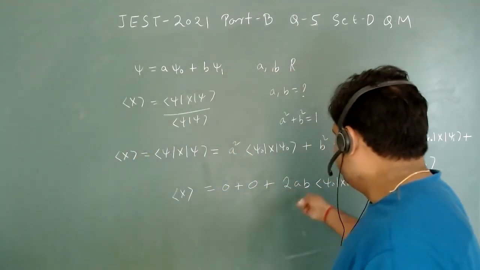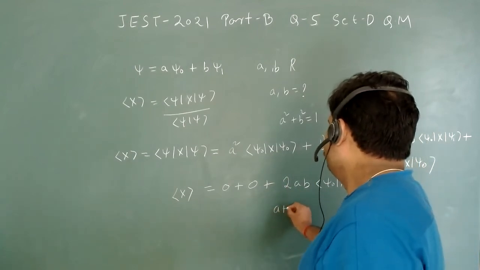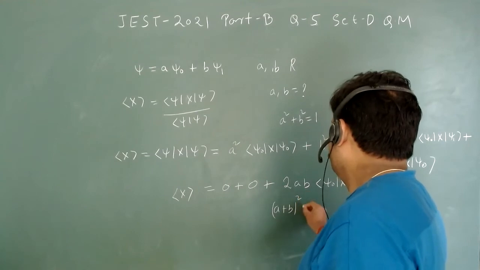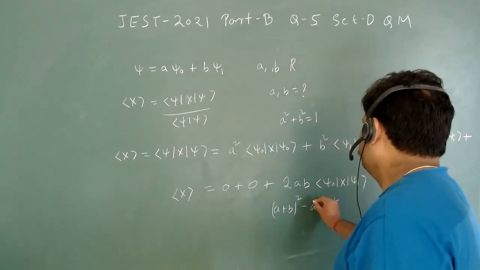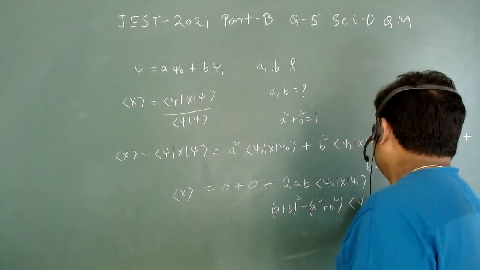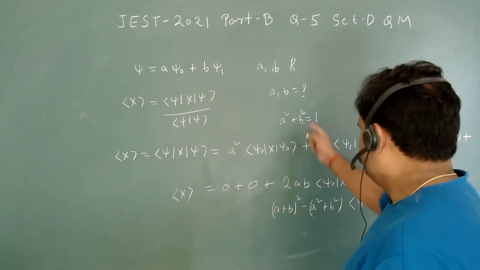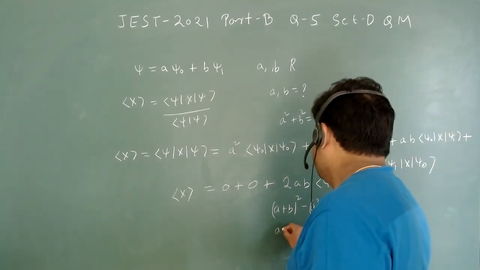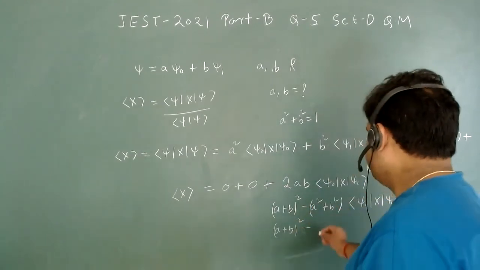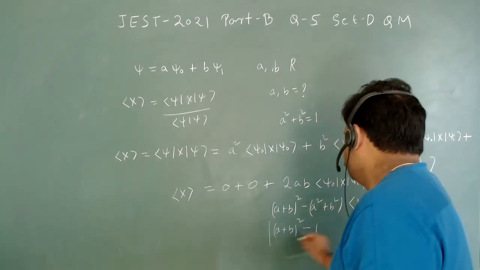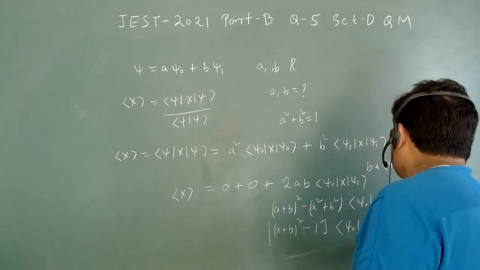We can write 2AB as A plus B whole square minus A square plus B square, which is 1, so A plus B whole square minus 1, multiplied by psi naught X psi 1.